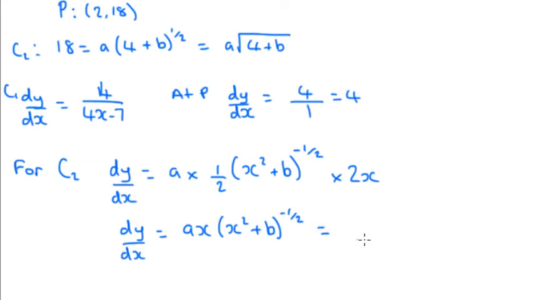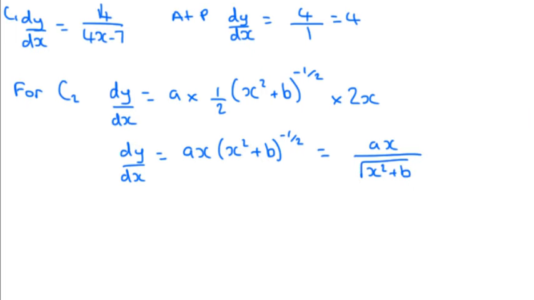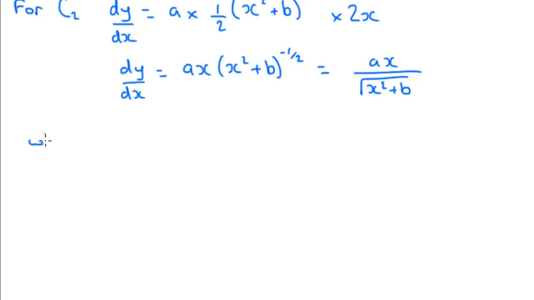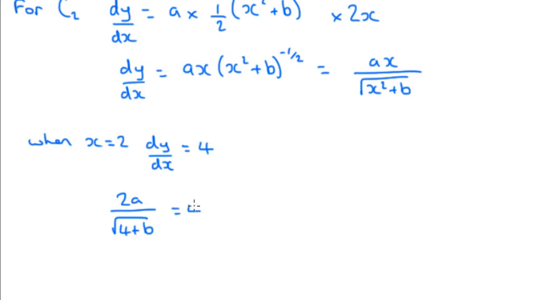Or again, without writing that as a fraction here, we could write it as ax divided by the root of x squared plus b. And we can now say that when we substitute 2 in, we're going to get 4. So 2a over the root of 4 plus b needs to equal 4.